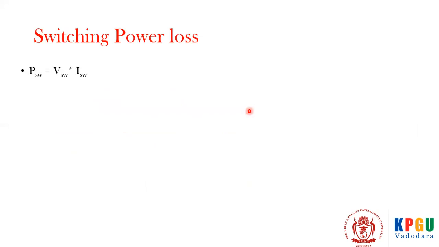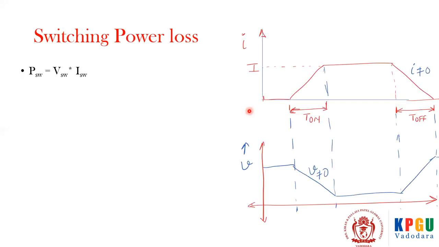You can see over here, switching power loss is nothing but VSW times ISW. Now, ideally speaking, T on should be 0 and T off should be 0, but practically no switch can get turned on in zero time. So let's say it is taking T on time over here.